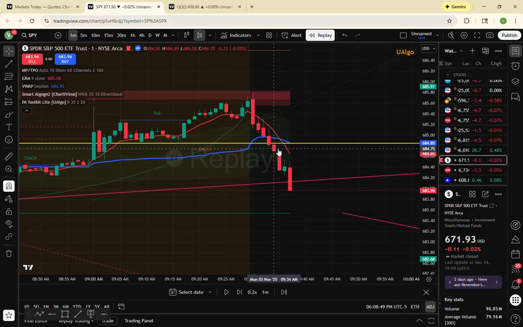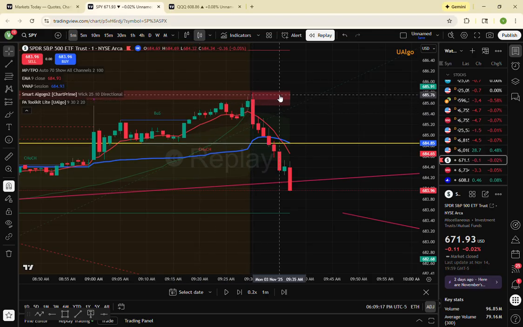You sell when price is below VWAP. You buy when price is above VWAP. So you can see right now that this is where price began to go down, and from here downward it is below VWAP. Okay, you don't buy here.